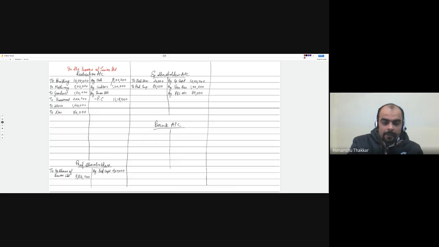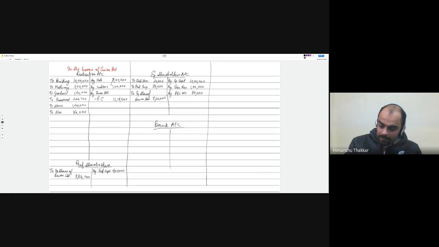And then the equity shareholders are also getting the equity shares of Senior Limited. So that is the total 7 lakh. At the time of purchase consideration, we already calculated these amounts, so I'm just writing as it is.